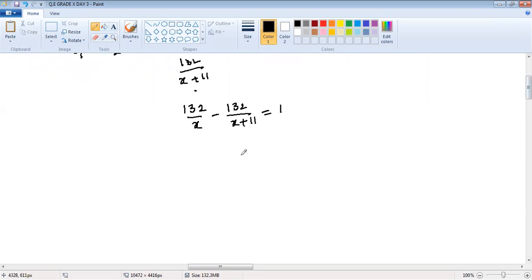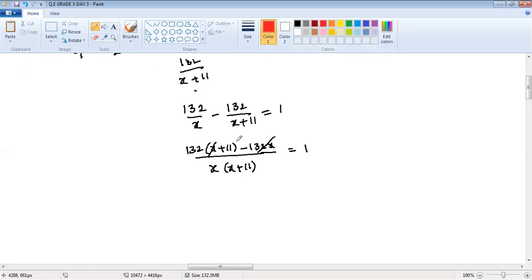So what is the LCM now? x into x plus 11. Am I right, ma? So it will be 132 into x plus 11 minus 132 into x, which is equal to 1. So when you open the bracket, 132x and 132x will cancel.